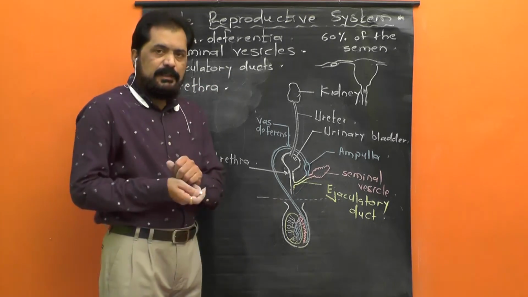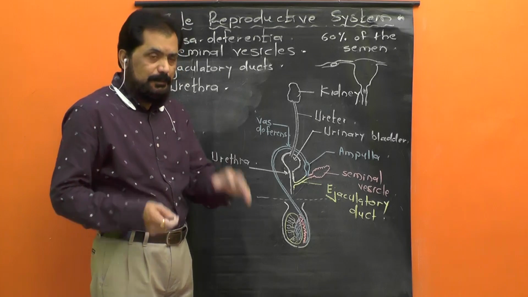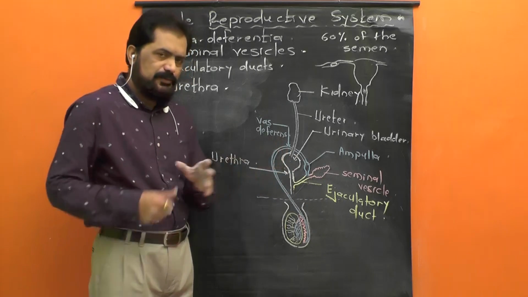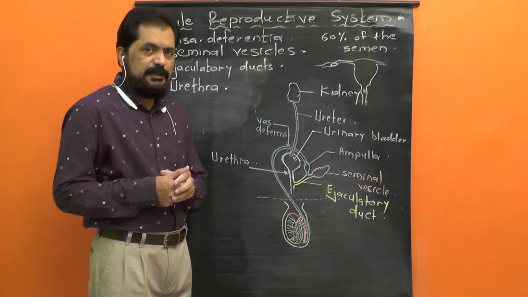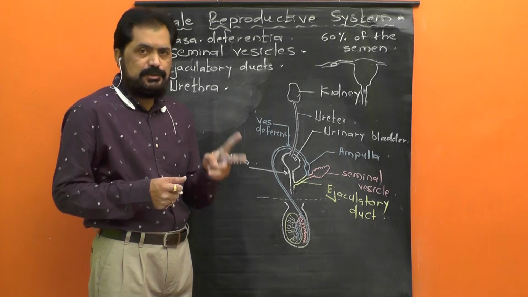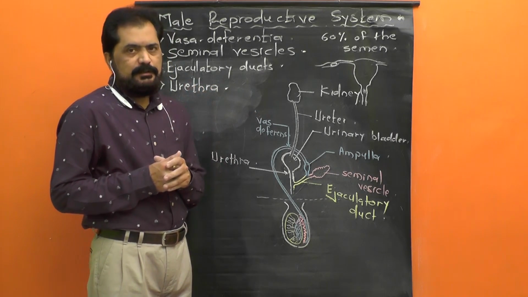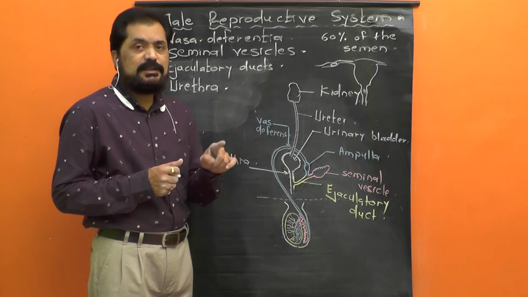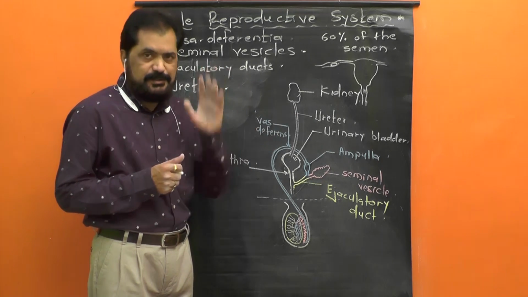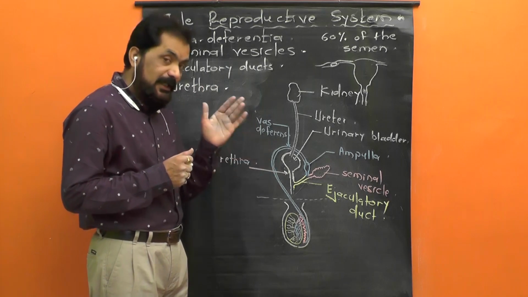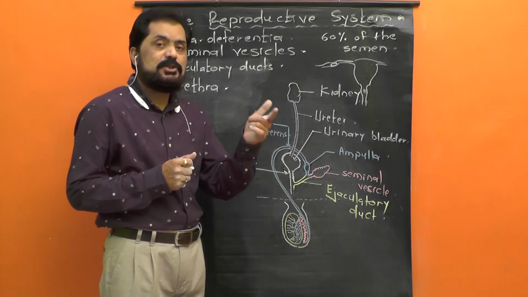Just as I said, urethra is a common passage of the excretory system and reproductive system, and therefore it may be called urinogenital duct. In 11th we have studied that in male the urethra passes through the penis, and in male the urethra is much longer.